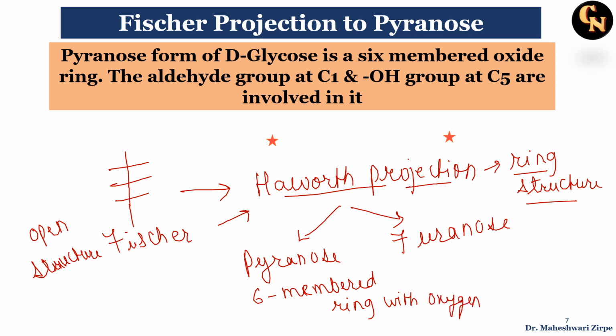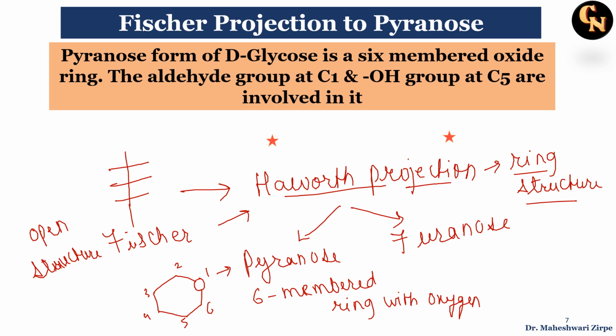Considering oxygen in the ring, it is six-membered, like this. The oxygen will also be present in this ring. If you count 1, 2, 3, 4, 5 and 6, such a type of six-membered ring along with oxygen is called pyranose.